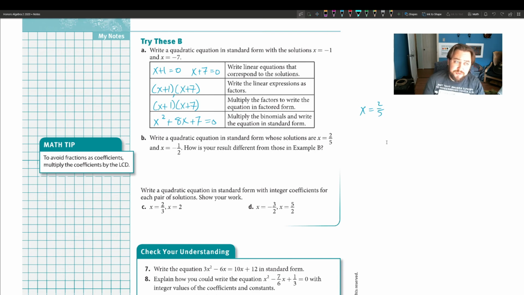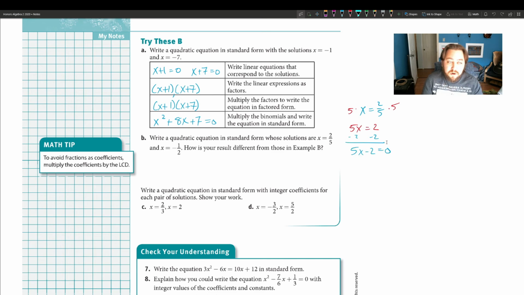I want to clear the fraction first. So I'm going to multiply both sides of this by 5. So if I do that, times 5, then we get 5x equals 2. Now I want this to equal 0, so I'm going to subtract the 2. So -2, -2, and we get 5x minus 2 equals 0.